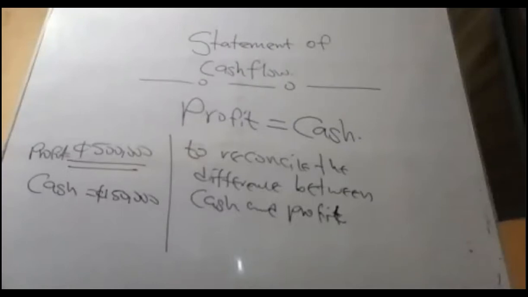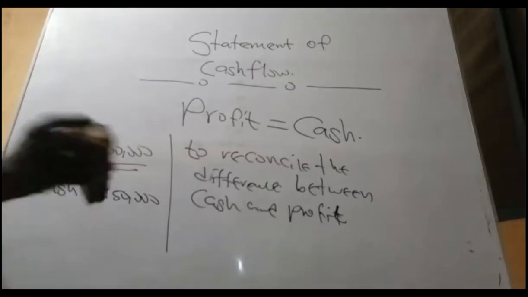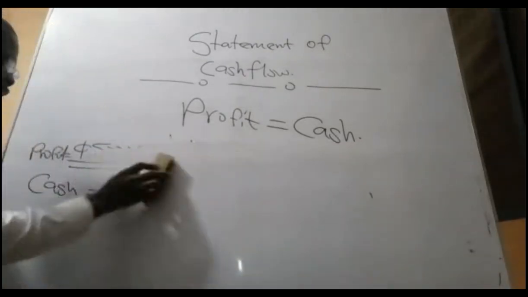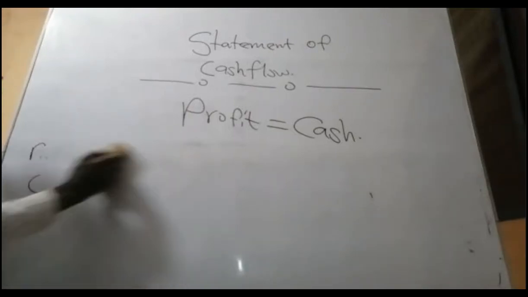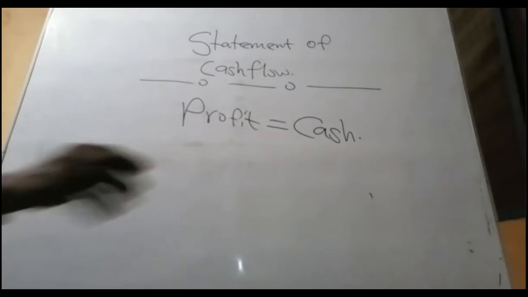Now let's see. You said profit is not equal to cash. Let's look at some causes of such difference. What are the transactions that will cause a difference between profit and cash?